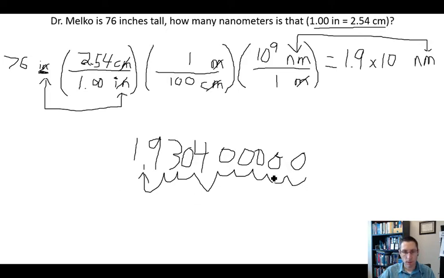And it looks like 1, 2, 3, 4, 5, 6, 7, 8, 9: 1.9 times 10 to the 9 nanometers. Okay, so that's my final answer. That's how many nanometers I am tall.